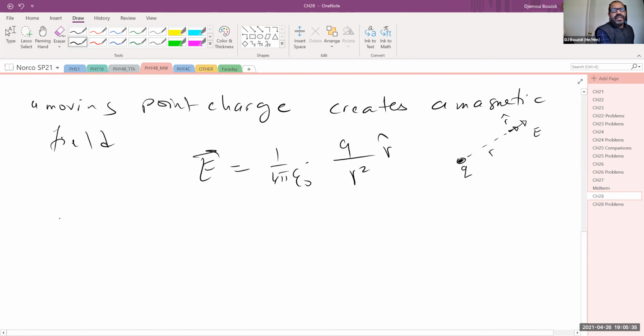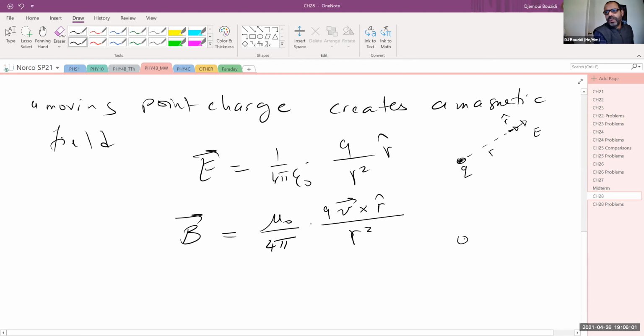Now, for the magnetic field, it's similar, except the expression is a little bit different. B is equal to a constant, called the permeability of the medium, and we're going to talk about exactly what that is, times the charge, times the velocity of the moving charge, times the unit vector r hat, divided by r squared.